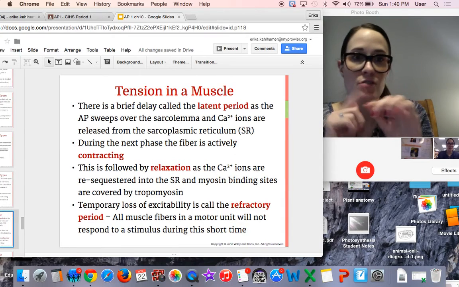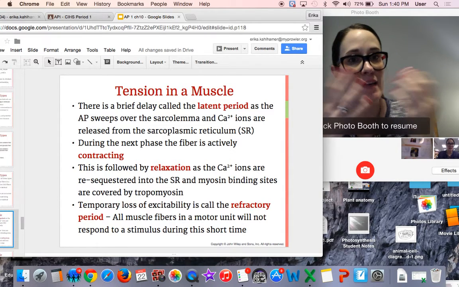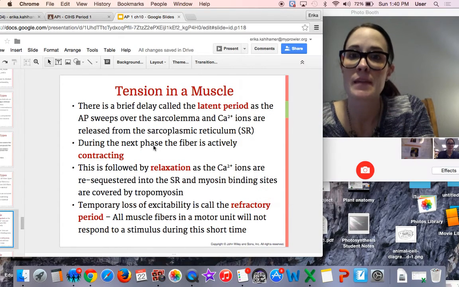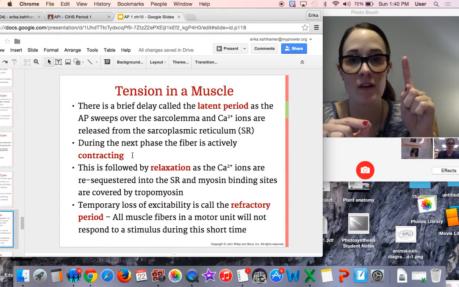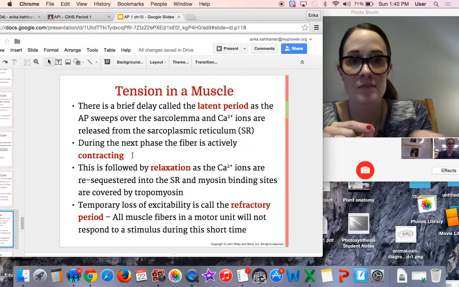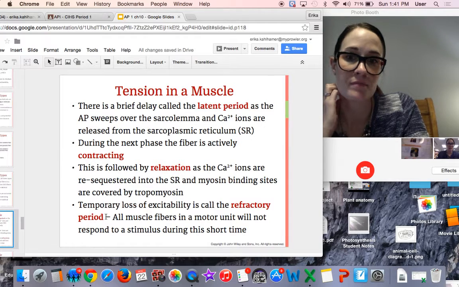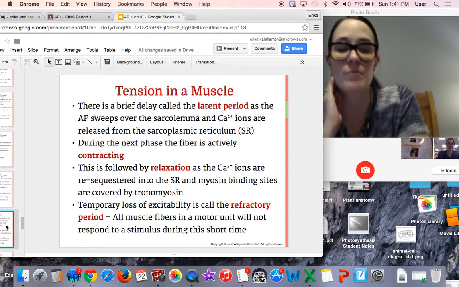The action potential is sweeping over the surface of the cell membrane, and the calcium ions are being released to go to grab onto the actin, remember. And then starts the contraction phase, followed by a relaxation phase, and then temporary loss of all excitability called the refractory period. And during the refractory period, a muscle cannot respond to another stimulus from the nervous system.